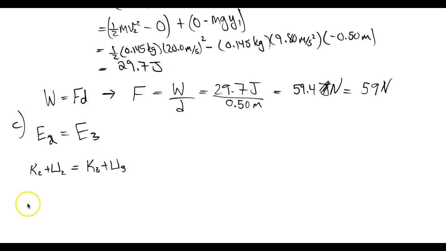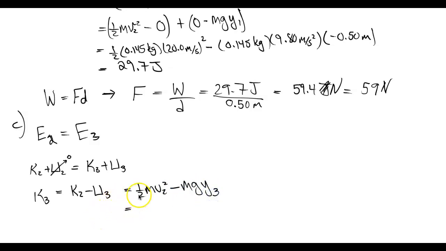And we know that the gravitational potential energy is 0 at 2, and we found what the K2 is previously. So we can say that kinetic energy 3 is the same as K2 minus U3, which is 1/2 mv2 squared minus mgy3.